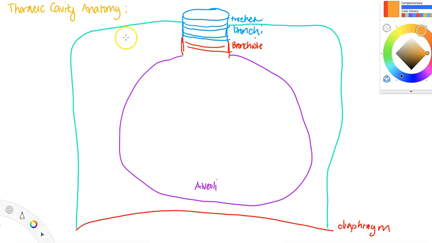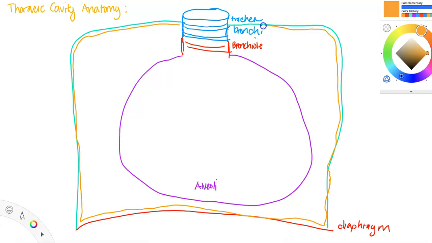So we know that the parietal pleura is the membrane that lines the cavity wall. So the cavity wall here, and just kind of go around. So this is the parietal pleura.